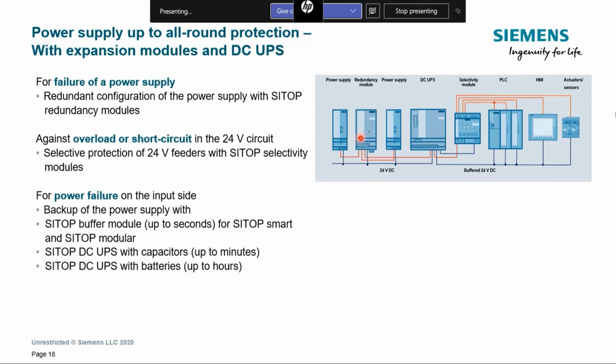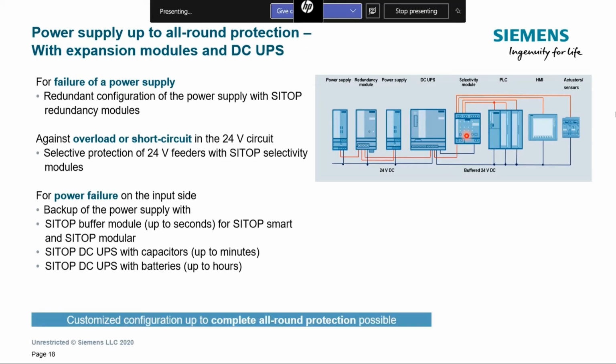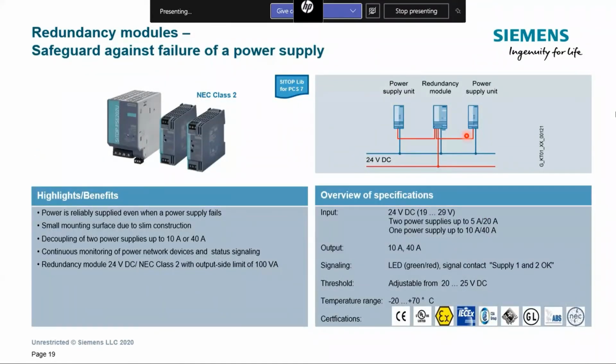So the first thing is the redundancy module, then the output of the redundancy module is coupled with the output of a battery into the DC UPS, and then before it's going to the loads, it's being distributed by the selectivity modules. So what is the idea behind each of them? The redundancy modules are the simplest one. As you can see here, it connects two power supplies and couples them to one load.